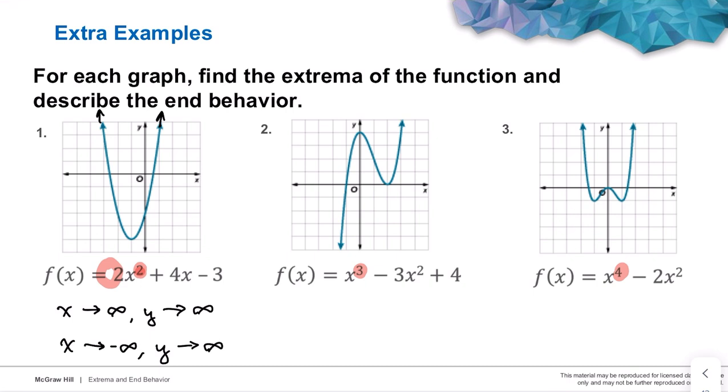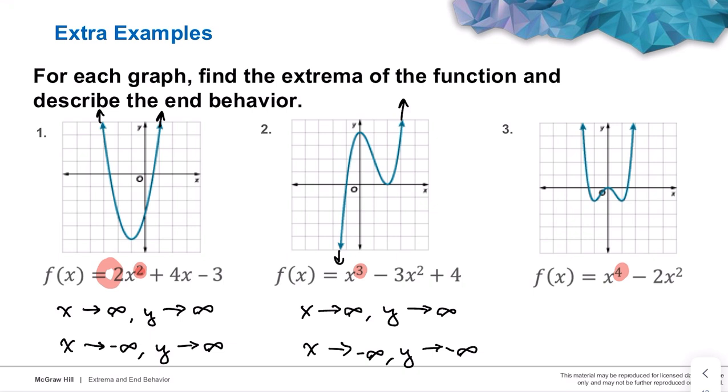Next one, as x is going to the right, which is positive infinity, y is going up, which is, again, positive infinity. As x is going to the left side, negative infinity, y is going down in this case, okay? Again, whenever you have that odd degree, these are going to kind of flip directions like that. One's going to finish positive, one's going to finish negative.